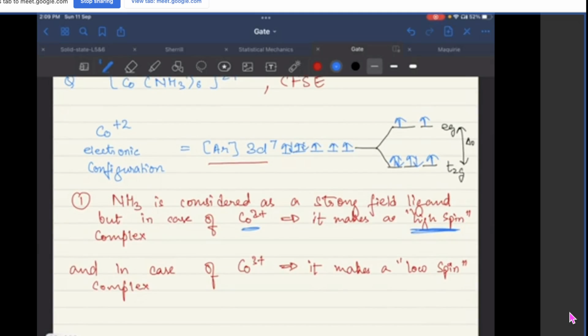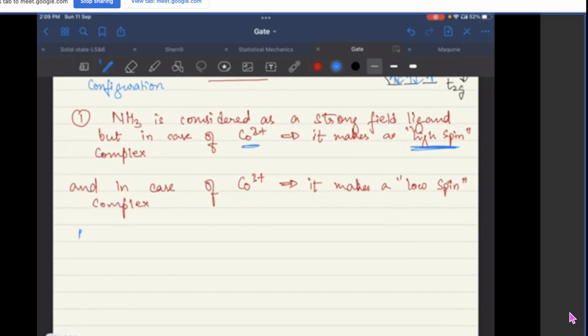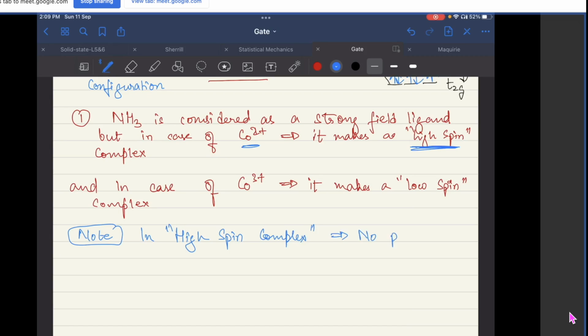So we note that in a high spin complex, no pairing energy is there, because no pairing is taking place besides the ones which are already paired.